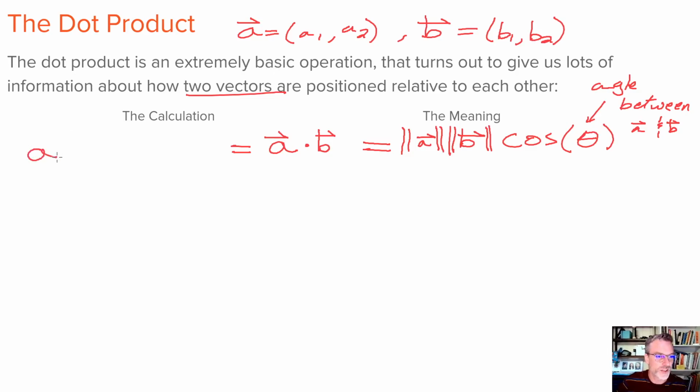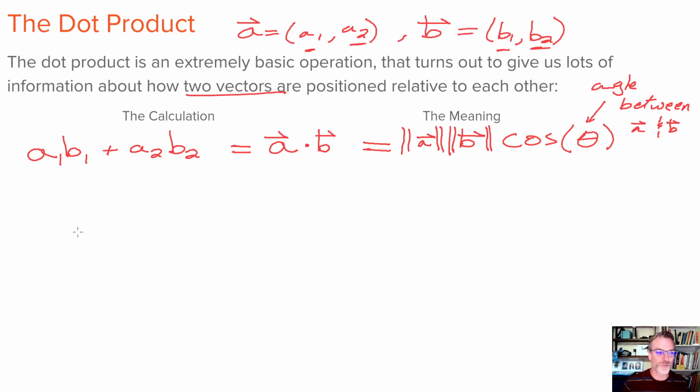All we do is we take the product of the first two entries, so A1 times B1, and then I add it together with A2 times B2, these two guys. Okay, and that's it. So when I take the dot product like this, it will give me the angle between them in a certain way.